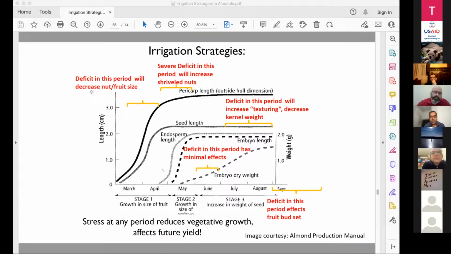Okay, so I'm not an economist, but based on my understanding of what's happening around me and worldwide, the demand for almonds is increasing, no doubt. The potential for planting more almonds, I don't see that in California. So where do all those new almond plantings go?